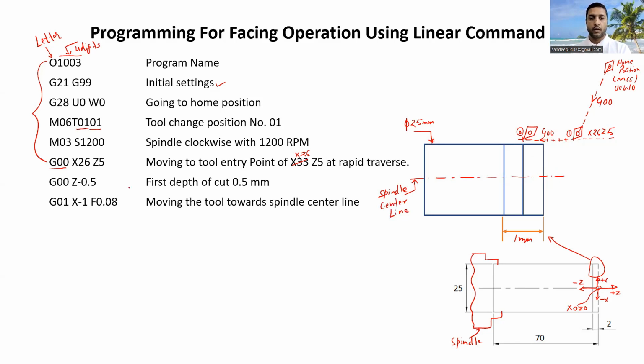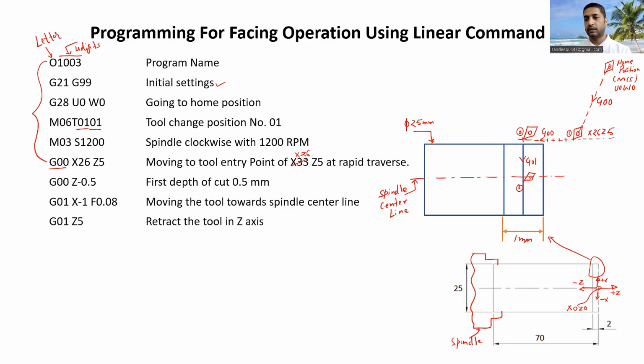Now here we know X will be 0, so X-1 will be below the center line. Let us say this is X-1. This will be the location of the cutting tool now, and we are moving from point number 2 to point number 3 with the G01 code. After that, we have G01 Z5. We are retracting the tool in the Z axis.